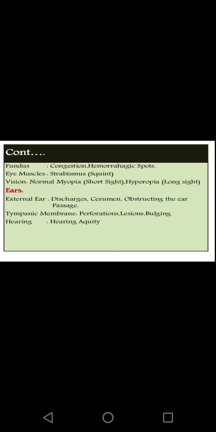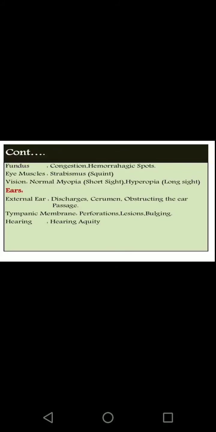And you will use a tuning fork to assess the ears. For the external ear, you will check discharges and cerumen obstructing the ear passage. Tympanic membrane: is there any kind of perforation, lesions or bulging present or not. Then you will check hearing acuity, whether the patient is able to hear normally or not, by using a tuning fork.